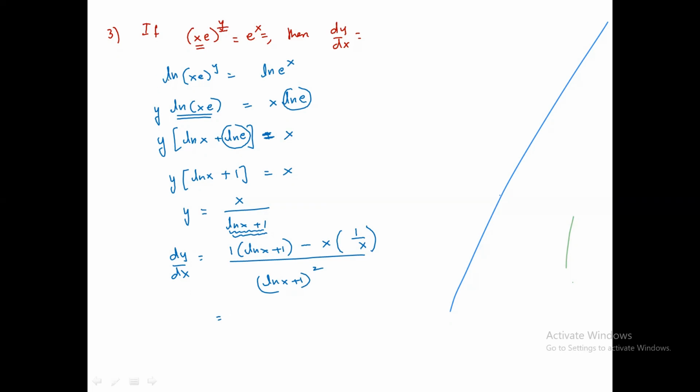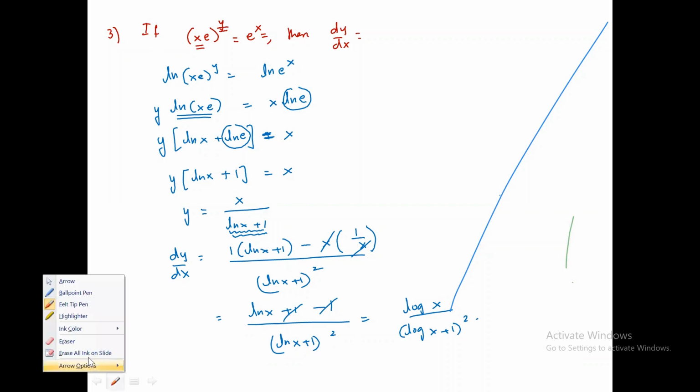If you feel difficulty in writing ln, you can write log. The correct way according to your textbook is log. So we have ln x plus 1 minus x, and x cancels, 1 by ln x plus 1 whole square. So this is how the final answer will be log x by log x plus 1 whole square. So I have explained with ln. Instead of ln, you can write log also.